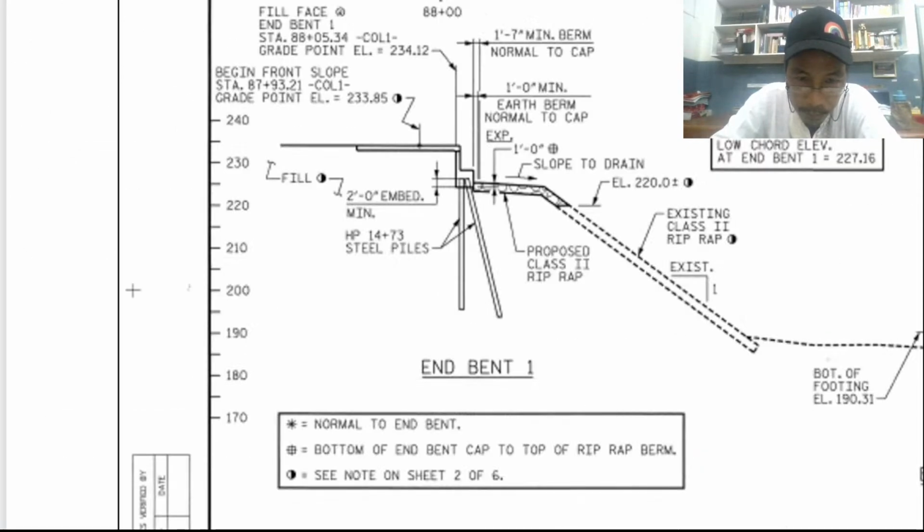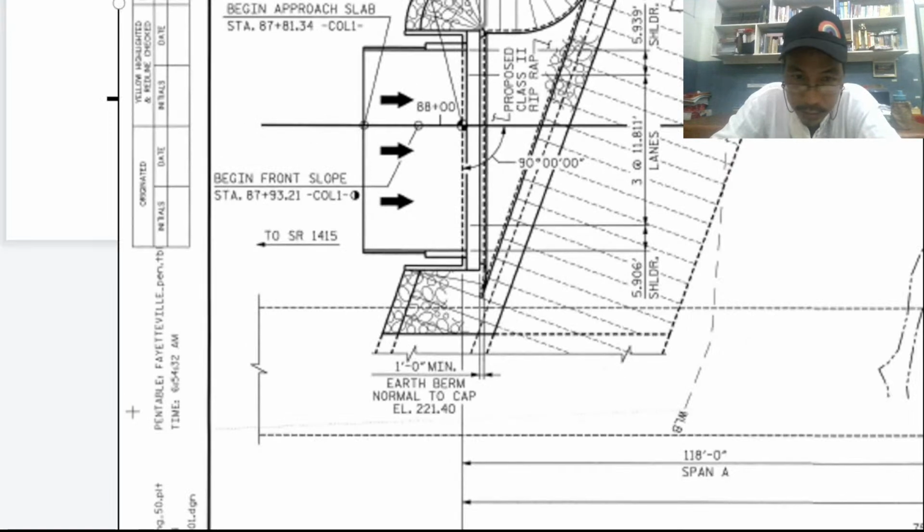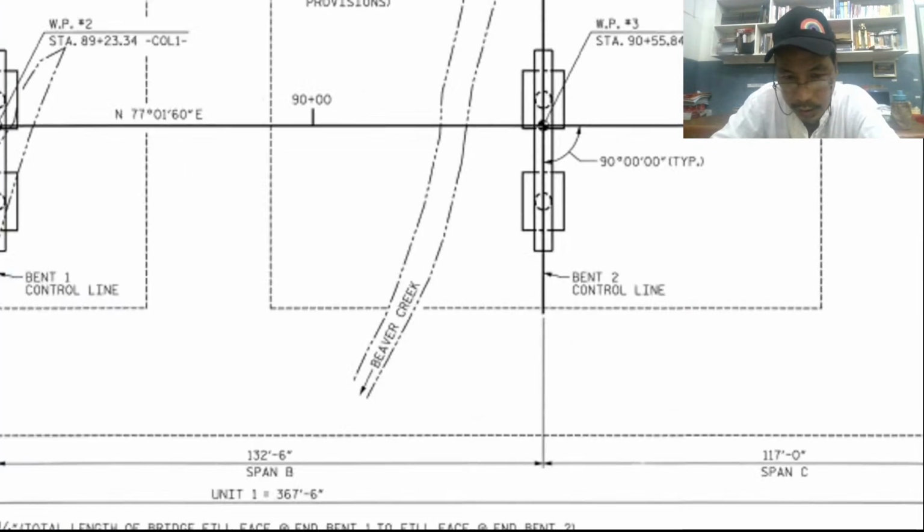Can we back up? Here, we have the time. This is AM, about 6:34 and 32 seconds AM. That's why it is included on the plan, because we have the elevation of the water surface. Okay.